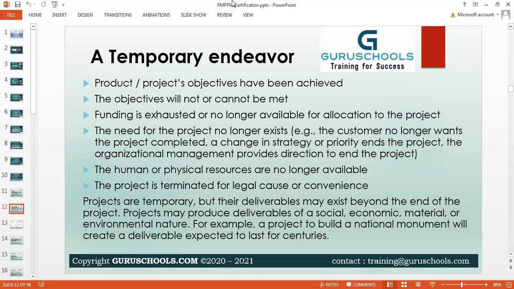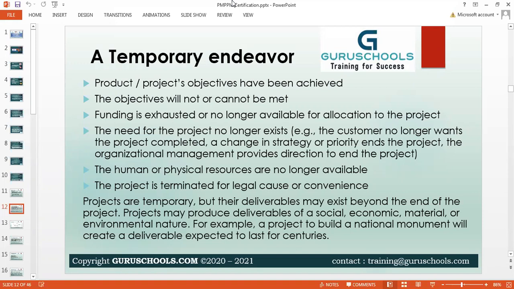But still, I need to have an end date. I need to have a schedule attached to it. Then I can call it a project. The objective will not or cannot be met. So whenever the temporary endeavor is a failure, the objective will not or cannot be met, then it's an end. So I define the project as a failure end.